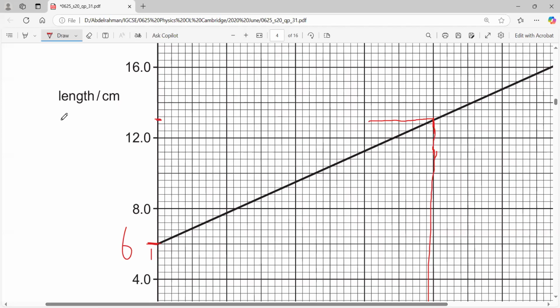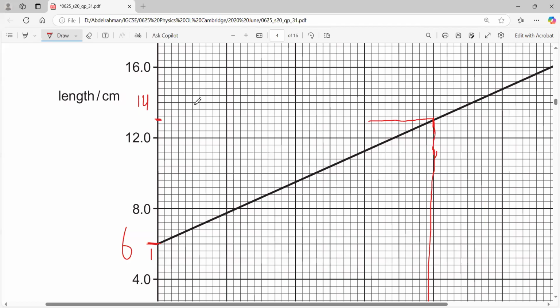Why? Because this is between 12 and 14, and between 12 and 14 is 13. If it was between 12 and 13, it would have been 12.5.